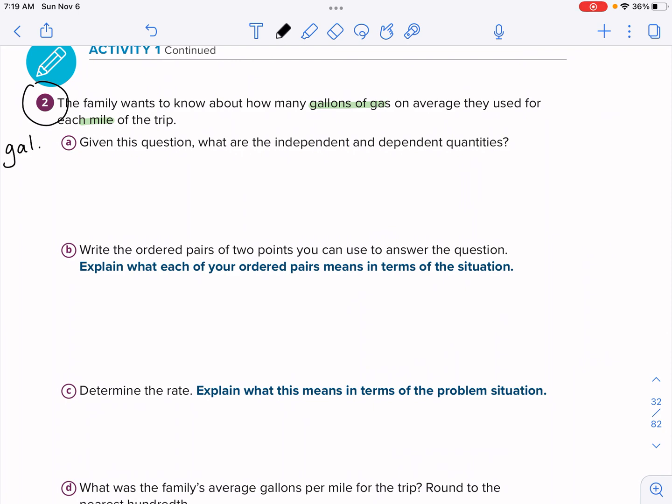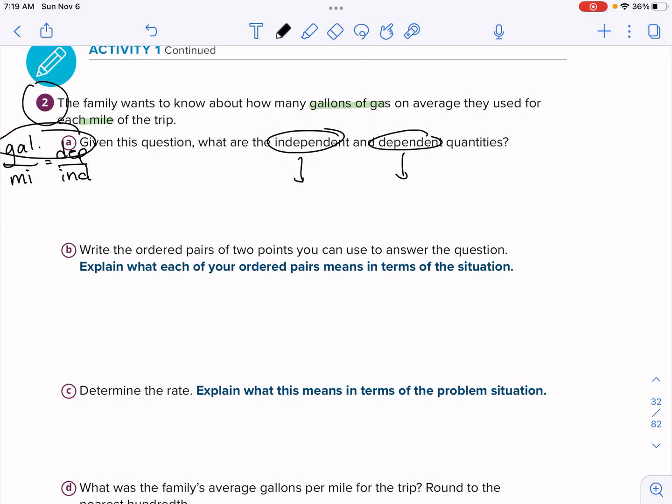Gallons per mile. Okay, so in this case, we talked about how it's dependent over independent. So that's going to help us with number 2A. Given this question, what are the independent and dependent variables? We'll just draw an arrow and write it underneath.